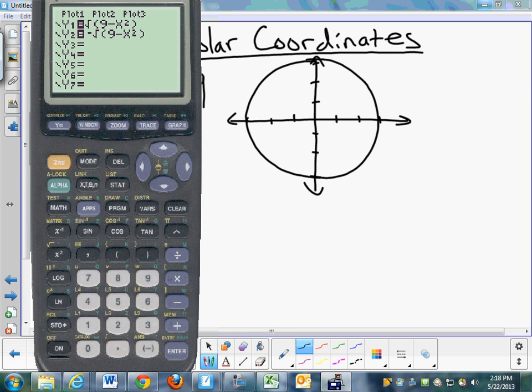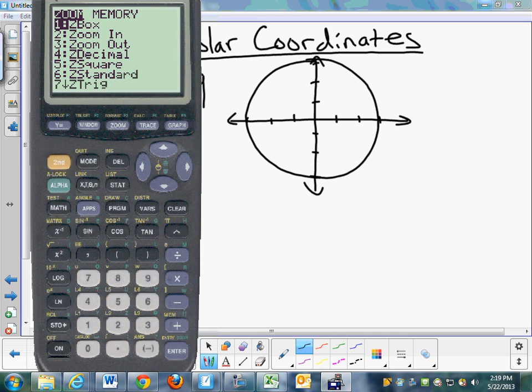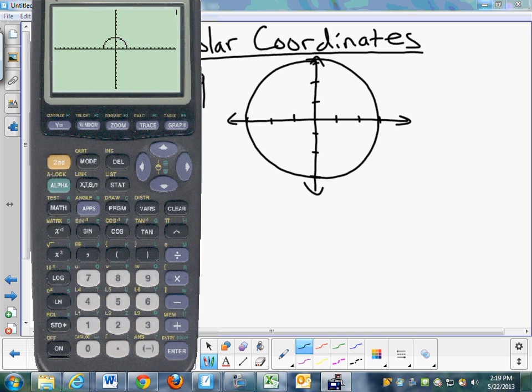Okay, and now I'm going to go window, zoom 6, excuse me. I'll graph it in a normal viewing window. Does it look like a circle? No, that's because your screen's a rectangle. So if I go zoom square, number 5, it will create it into its appropriate shape. And that looks much more like a circle, correct? But notice I had to enter it twice.